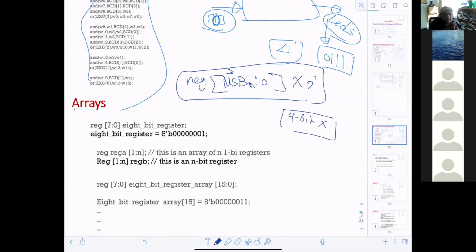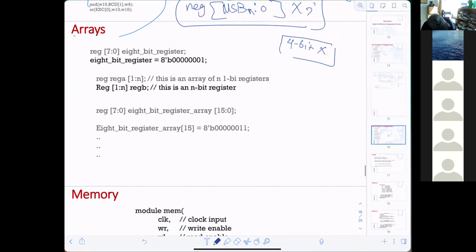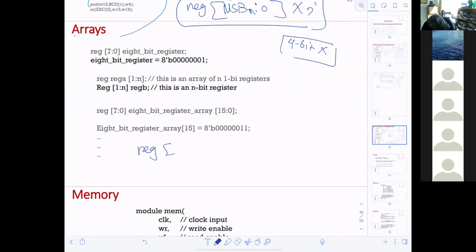But now we have a 2D register. What is a 2D register? It means the following. I can just say reg [7:0] and call it mem, and I say here [15].